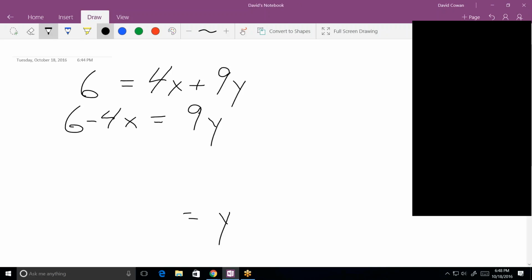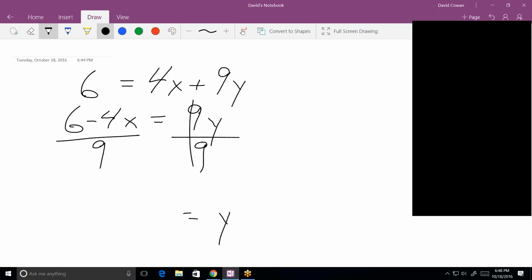It's being a multiplier. Okay, so what do I have to do? What's the opposite of multiplication? Division. You're always doing the opposite of what it's doing. So I'm going to divide by 9, both sides, and my answer, now I got y all by itself.